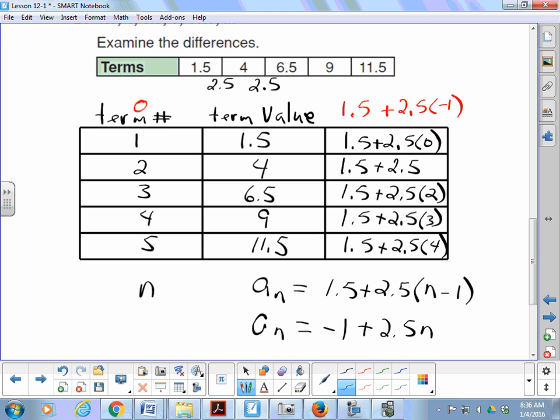So either of these two answers would be okay. Right? But when it is linear, then you should go to this point. Right? So whether that means you take this expression and you just simplify it, or whether it means you work from term 1 to term 0 and find it. Okay?